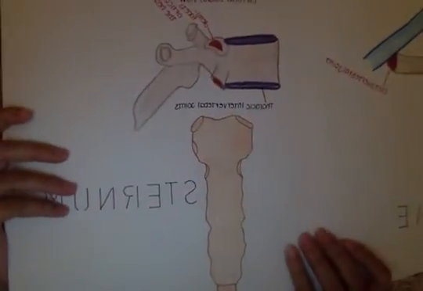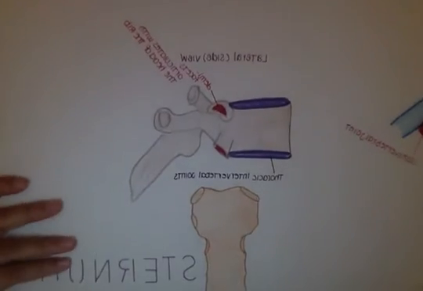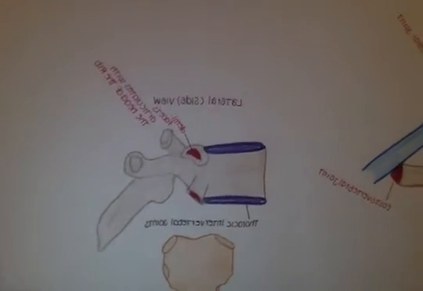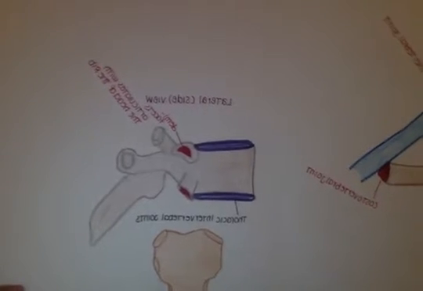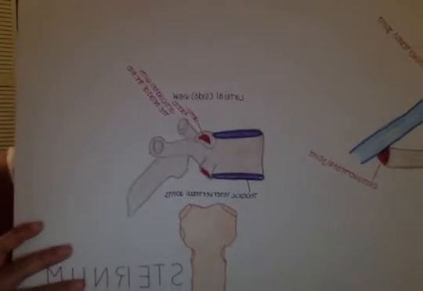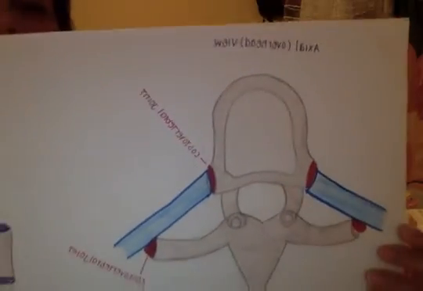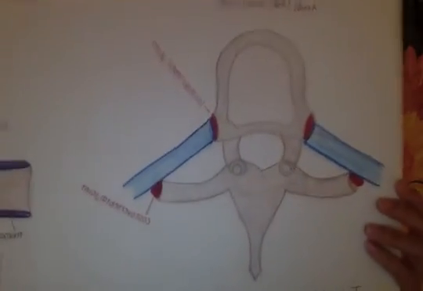And then I will show you the picture of the sternum. Here's the sternum. And then here is the thoracic vertebra. I drew it laterally so you can see it, and I also drew it as if it was seen from an overhead view.